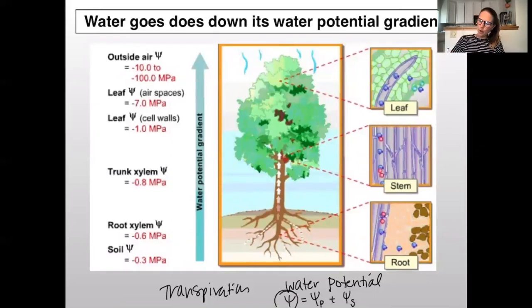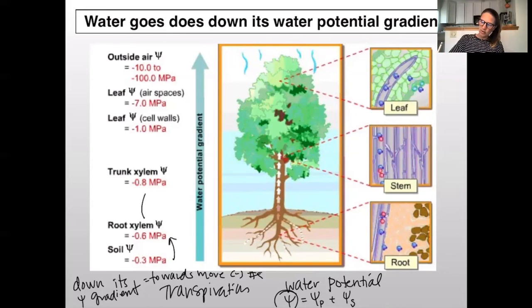And remember, water always flows down its water potential gradient. And what I mean by that is always towards more negative numbers. All right. So if we look at the water potential of a plant, the soil has negative 0.3, the root xylem is negative 0.6. So water is going to flow into them.